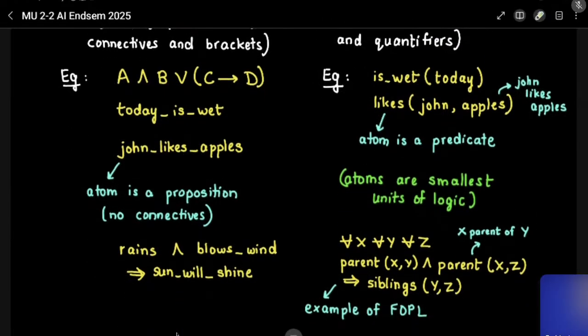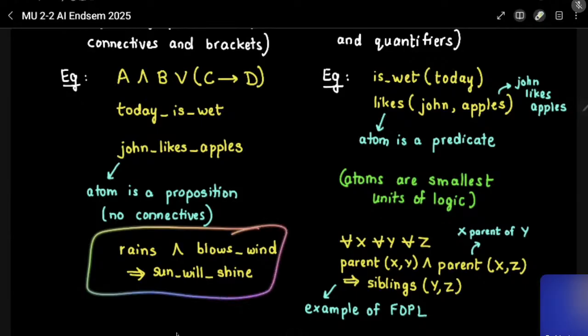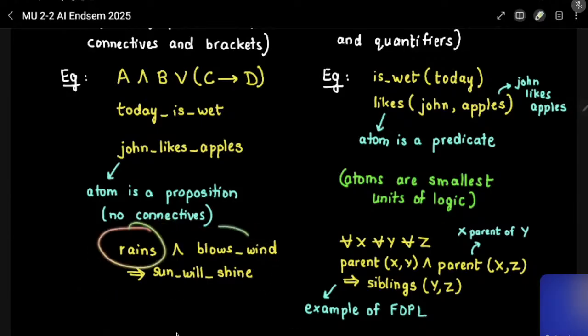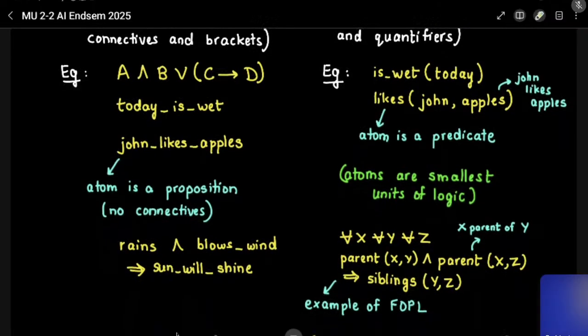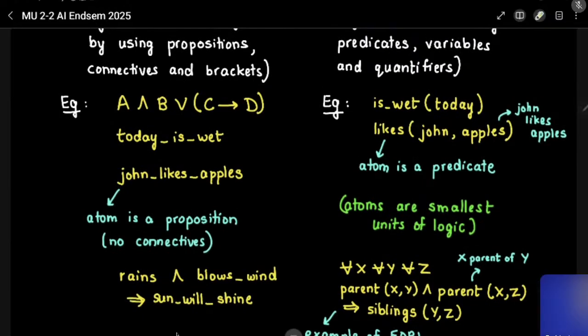You have some more examples, so you can write something like this. This is propositional logic. You have proposition, proposition, proposition, and then you have connectives in between. But in predicate logic, you can use quantifiers like for all, which is the universal quantifier. The existential quantifier is this one. And then you can also use variables, and you can use predicates. So it makes it predicate logic.